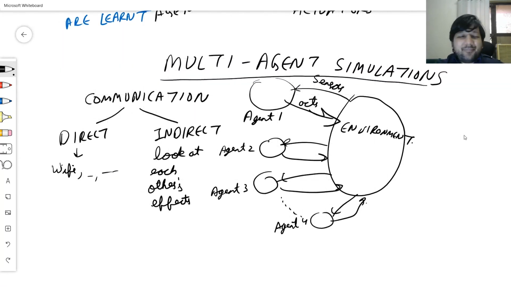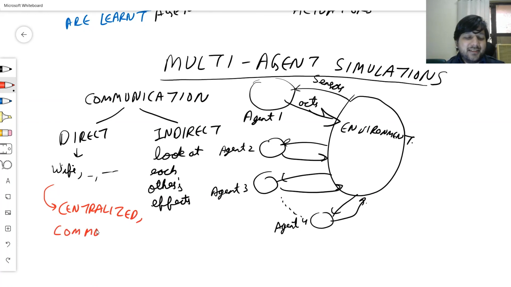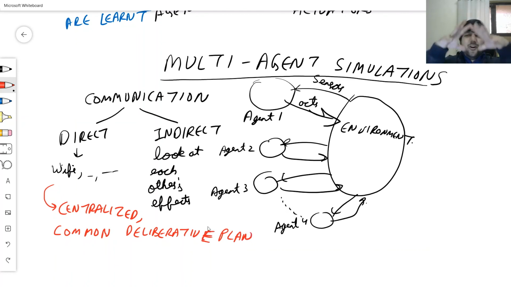Now, again going back to the same classification, if there is a direct communication, a possibility is all your agents could be centralized and they could make a common deliberative plan. What that means is all your agents say, okay, step number one, let us all elect a leader.